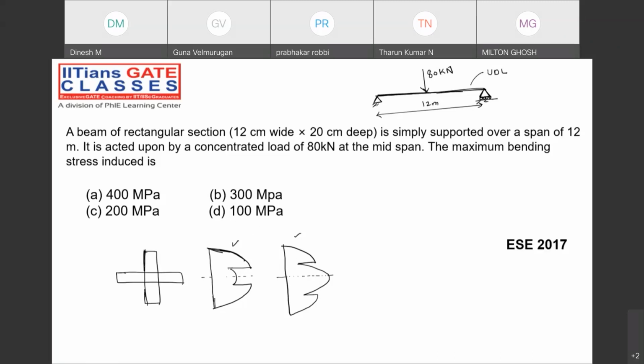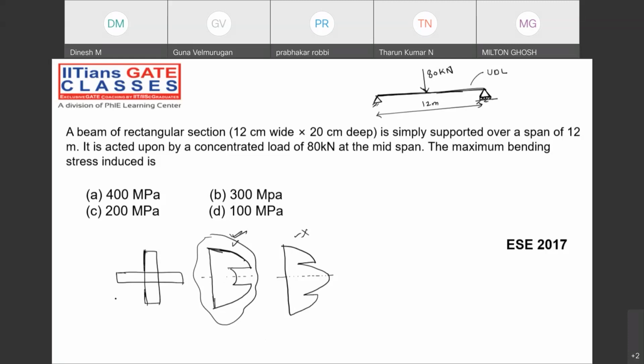In most of the cases, what will be the diagram? Yes, I agree with you. Whatever you are saying is correct, but I believe that this diagram will be correct. This will not, I think so.